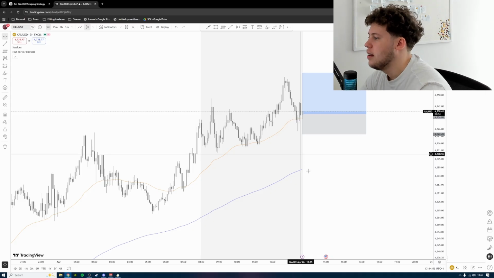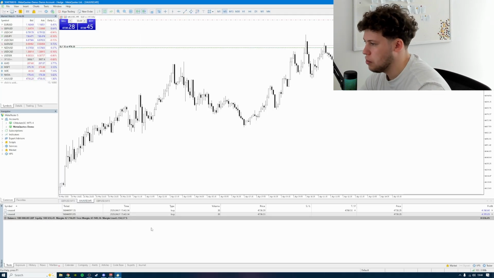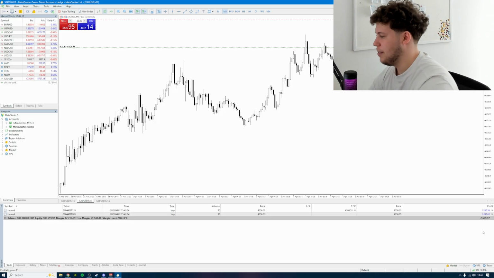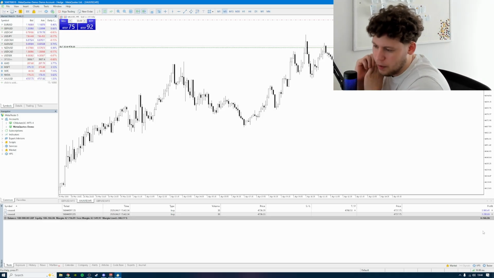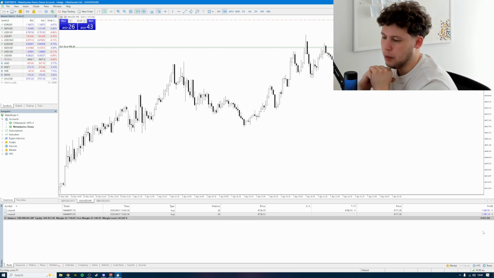So for me, this looks like a good position to buy in, and as you can see, we're up 4k, which is not much. Obviously we're slightly over leveraged at 60 lots on a 100k account, but that's part of the fun.